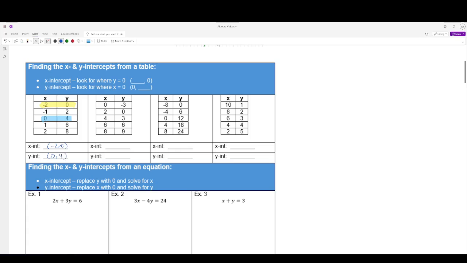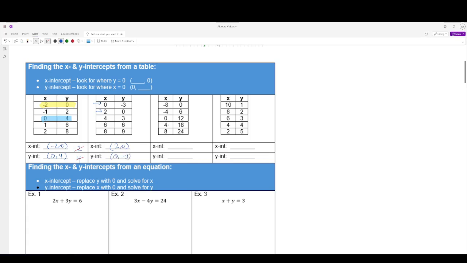And we should write these as ordered pairs, not just as a single number. So I would prefer we not write negative 2 and 4, but instead write the entire ordered pair for x and y intercepts. The next one, we have the x-intercept is this point at 2, 0. And the y-intercept is this point at 0, negative 3.